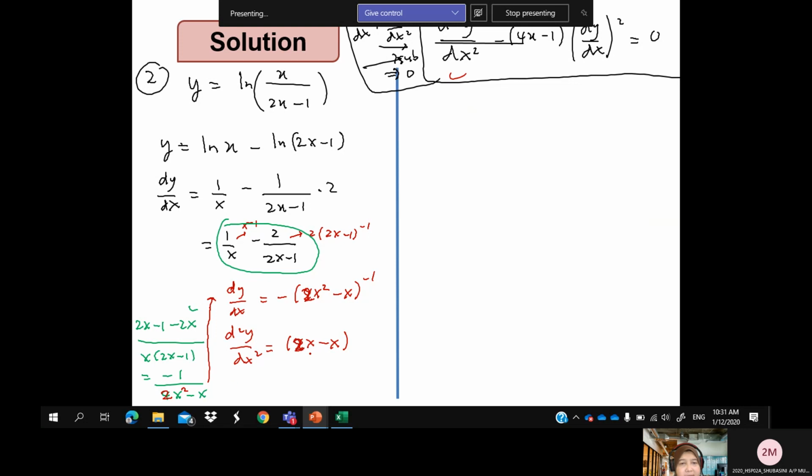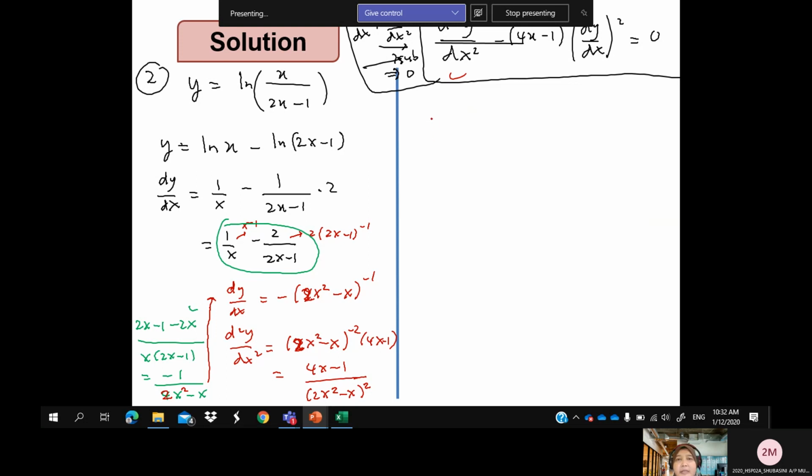No wonder, careless. 4x squared, negative 2, 4x minus 1. What do we get? 4x minus 1. So you get 4x minus 1, 2x squared minus x squared. Check again.